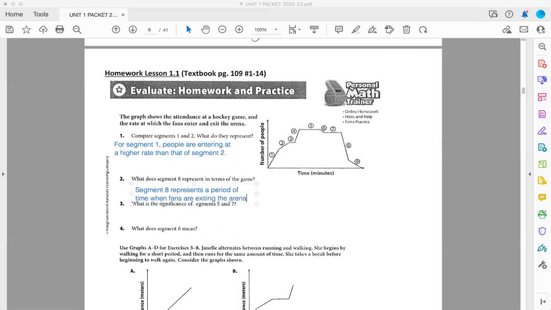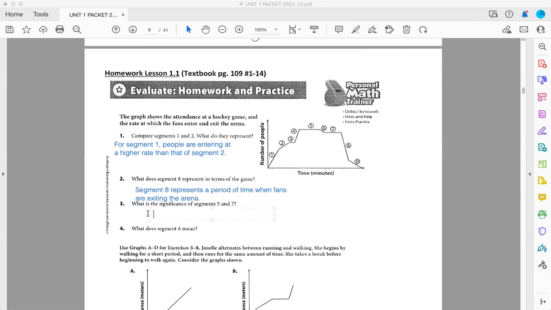And we have to be careful because how fast and how slow things are relative terms. So we can say at a fast rate, but that's fine. They did not really want that. They just said, what does it represent? It represents a time or a period of time when fans are leaving or exiting the arena.